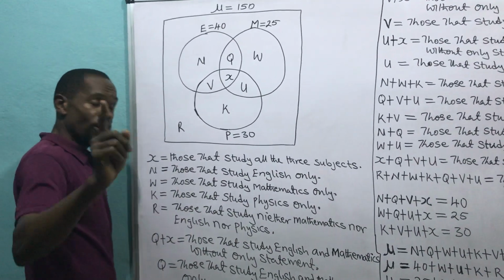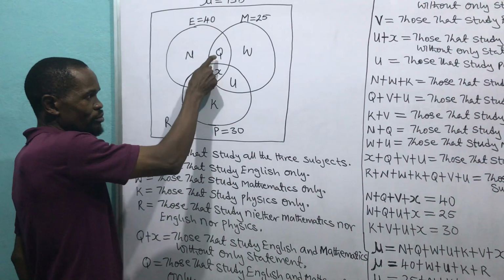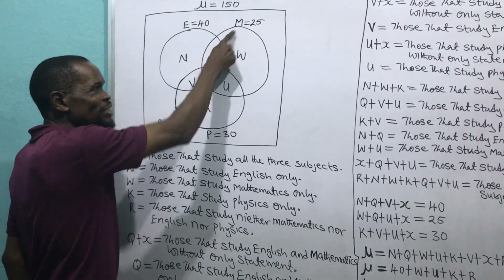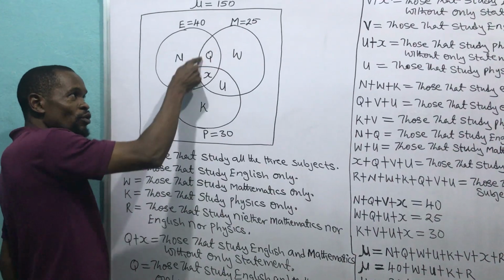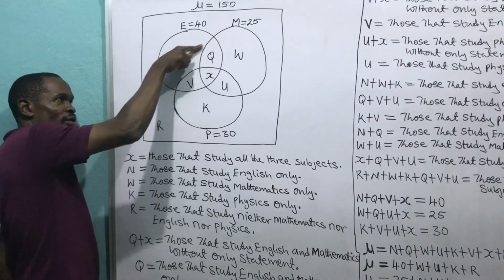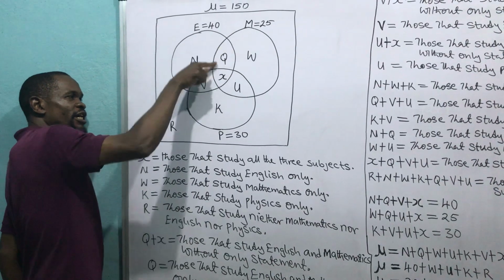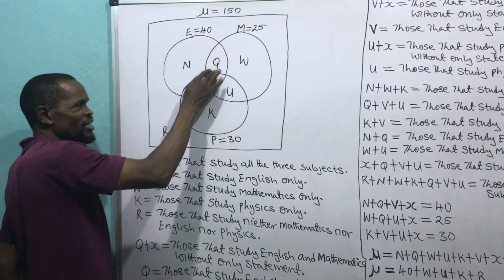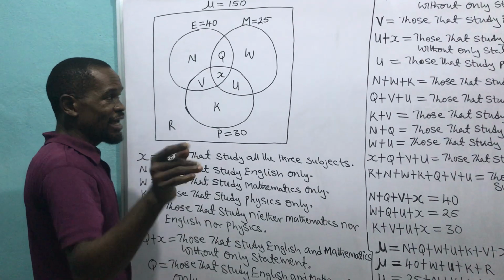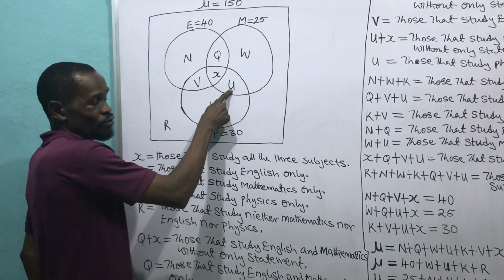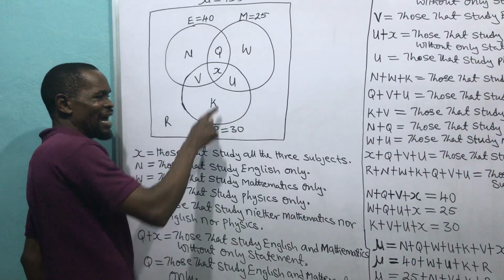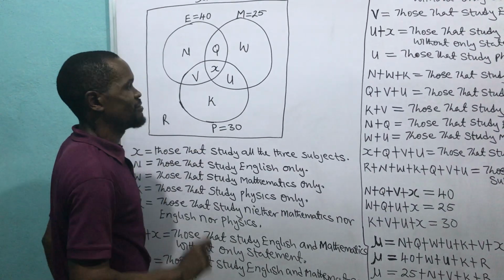Then now, I come to this. Q are the people that study English and mathematics only. This Q, look at this portion. Can you view the portion? It's people that study English and mathematics only. Again, this, which is U, are the people that study mathematics and physics only.